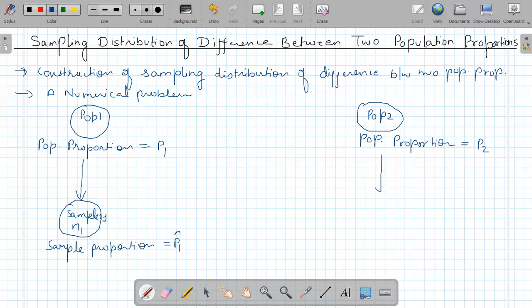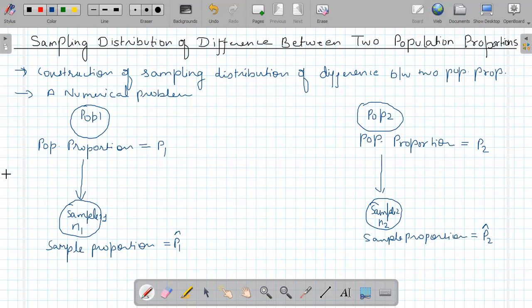Similarly, here we have drawn a sample number 2 of size N2 and sample proportion P2 cap. हम एक ही कैरेक्टरिस्टिक की बात कर रहे हैं इन सब चीजों में जिसका proportion हम देख रहे हैं. Remember that both of these samples are independent of each other.